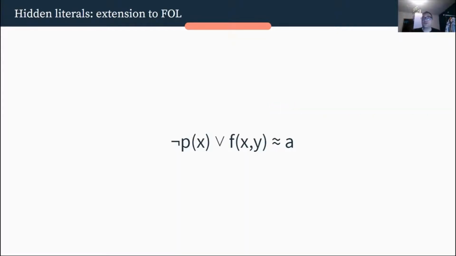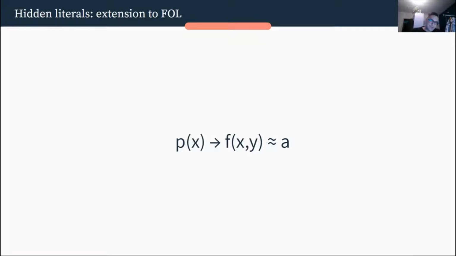Hidden literals weren't ported to first order logic before, and to port them into first order logic we needed to deal with some features of first order logic, such as substitutivity of variables and interpreted equality. But the main principle, that I can read a binary clause as an implication, still holds in first order logic.